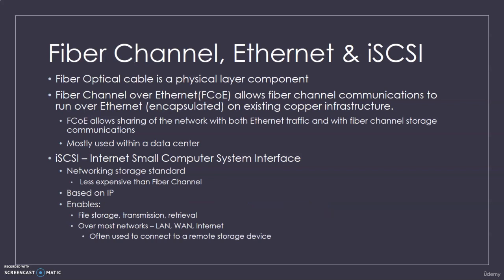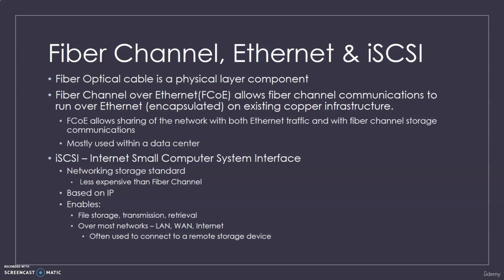So now let's look forward and go to our next thing, which is about Fibre Channel over Ethernet and iSCSI. Here we have another control we have been using for a number of years, Fibre Channel over Ethernet. This is where we know that the fiber optic cable is a physical layer. It's our actual cabling itself, and we often use this for storage networks.